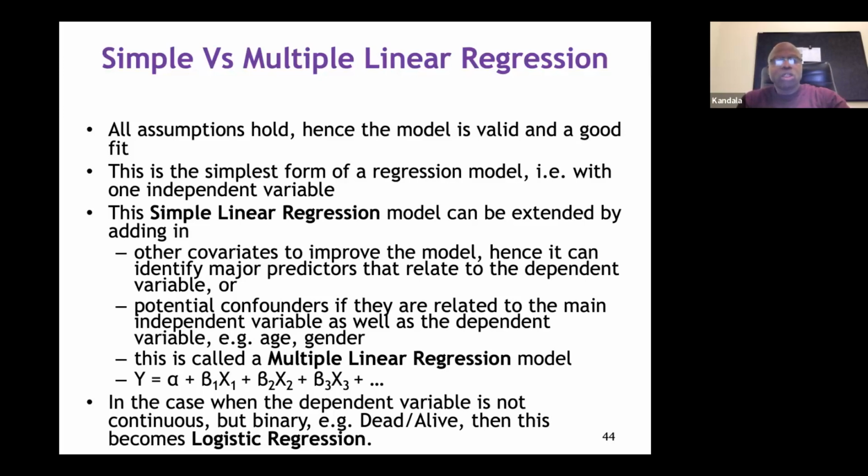We need other things that go along with age. This may be the gender of the person, maybe the genetics of the person, maybe something to do with the environment, and so on.